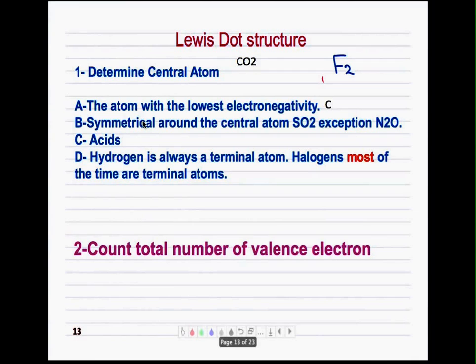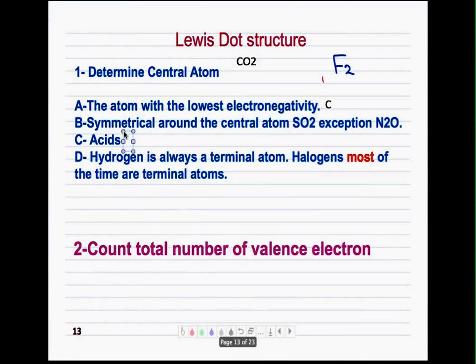Group 7A, most of the time, is terminal, which means at the end of the molecule. There are some exceptions when we talk about the expanded octet rule. But most of the time, hydrogen and all group 7A are going to be terminal. And the central atom is the carbon. Now, in the case of acids, always connect the hydrogen to the oxygen.